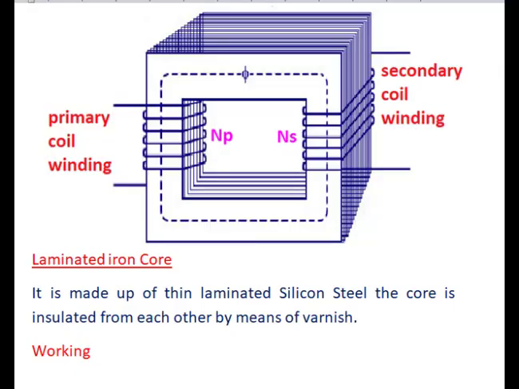So it also consists of a laminated iron core. It is made up of thin laminated silicon steel. Each core is insulated from each other by means of varnish, an insulating material. So this part is the laminated silicon steel core.